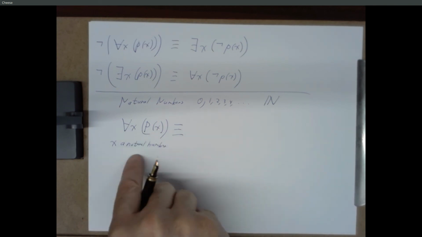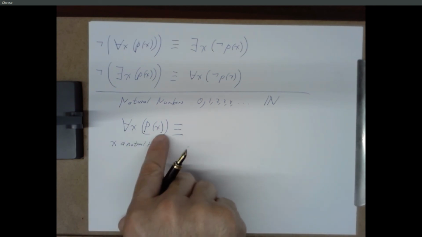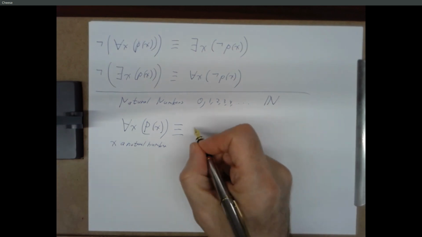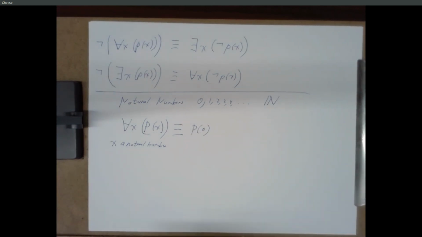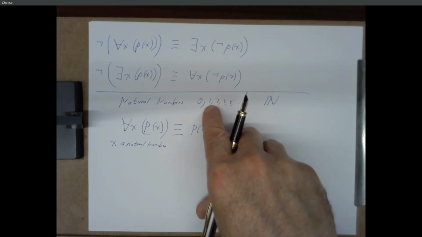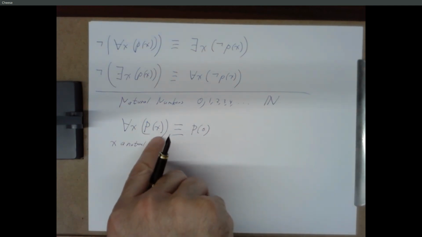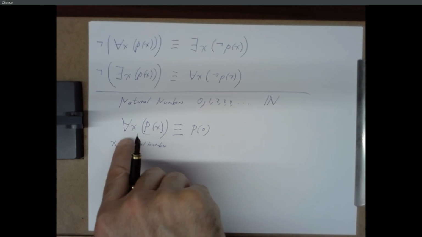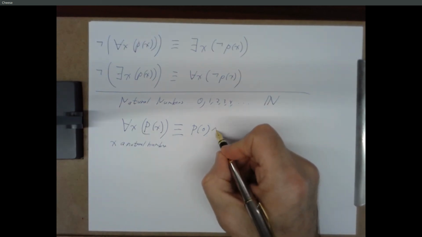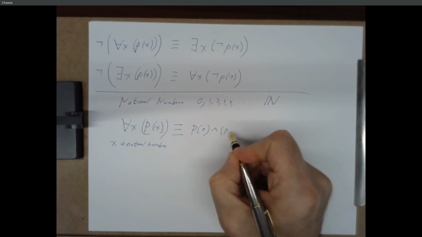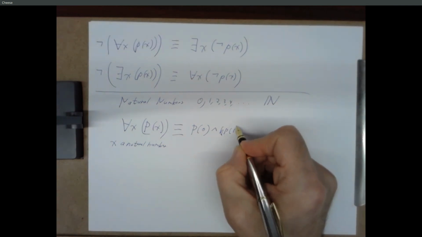Since 0 is a natural number, and this says for all natural numbers p of x is true, p of 0 must be true. Well, if x is equal to 1, that's also a natural number, and for all natural numbers, p of x is true. So if x is 1, p of 1 must be true. So not only is p of 0 true, but p of 1 is also true.